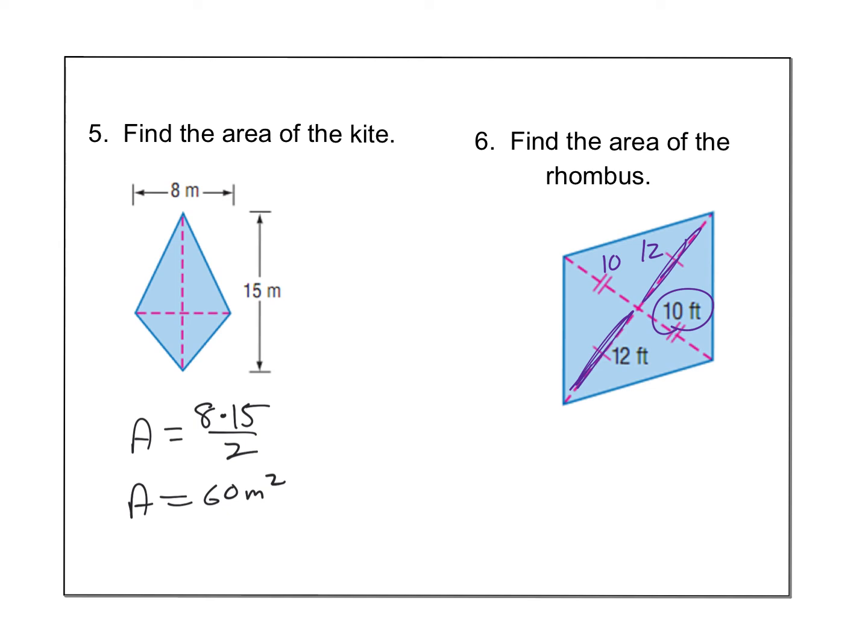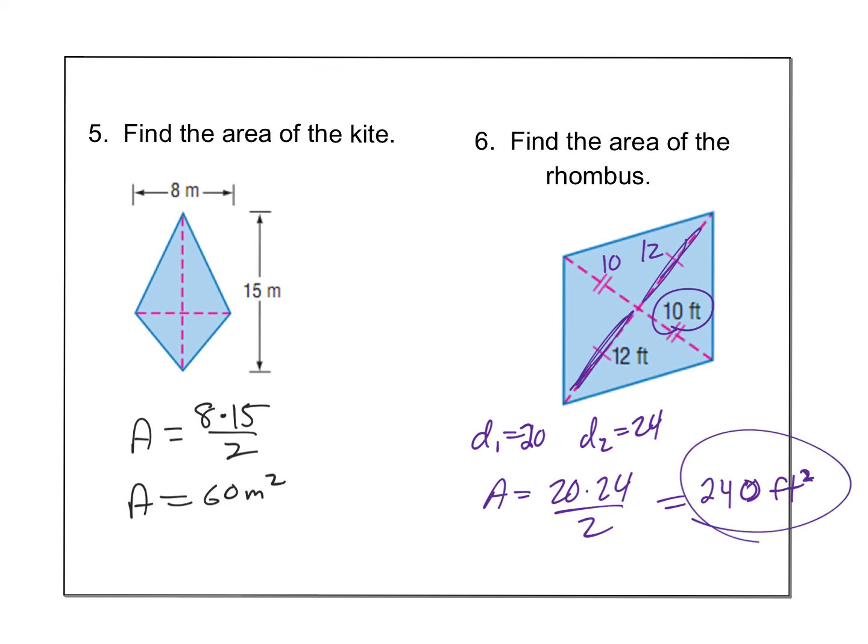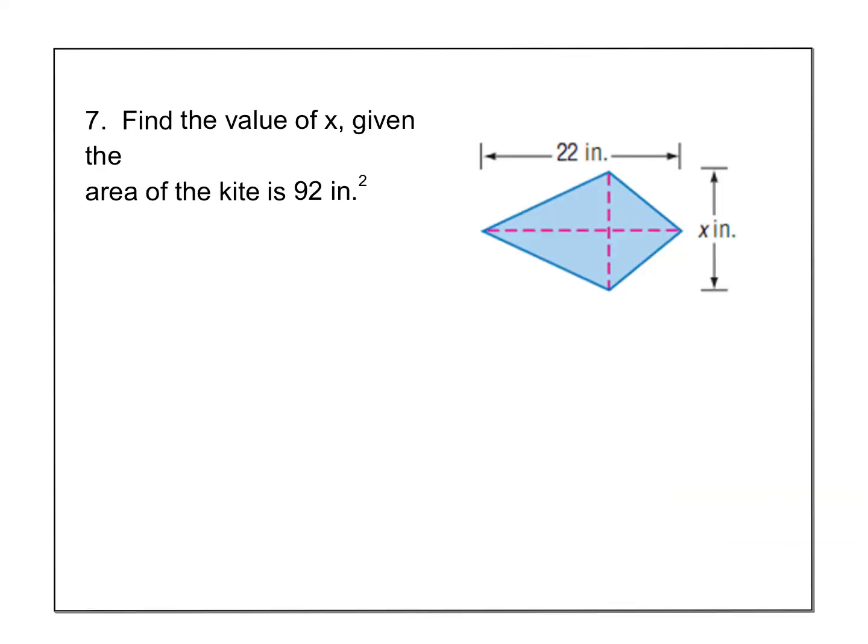So my diagonals: one diagonal is 20, not 10. The other diagonal will be 24. So my area is going to be 20 times 24 divided by 2. After all that, it becomes 240 square feet. There's my answer.